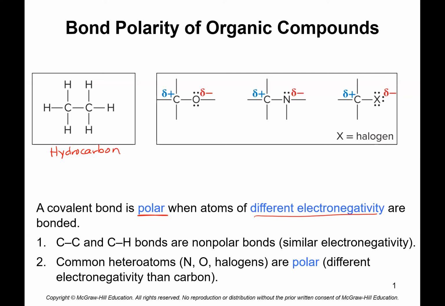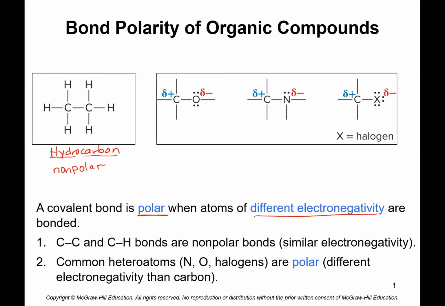Okay, so this is a general term for any compound that contains only hydrogens and carbons, and that's where it gets the name hydrocarbon. So when you have hydrocarbons, you only have carbon-carbon and carbon-hydrogen bonds, which we know are nonpolar because the electronegativity difference between carbon and hydrogen is very, very small. So hydrocarbons will always be nonpolar because they do not have any polar bond.